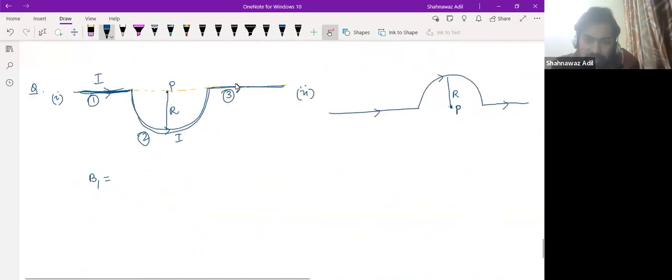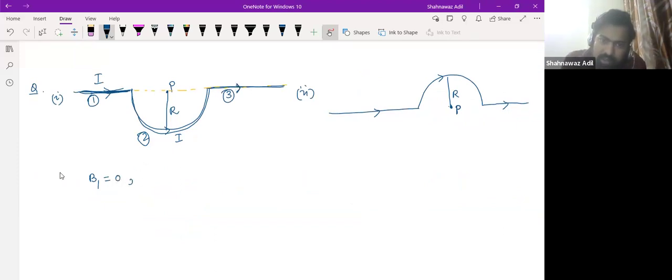So if P1 is zero, then we don't have to bother about this one. Then what about V3? This is the current which is flowing, and we are calculating the magnetic field at point P. So again, V3 would be zero, because V1 and V3 are straight wires, and we need the magnetic field along the line.